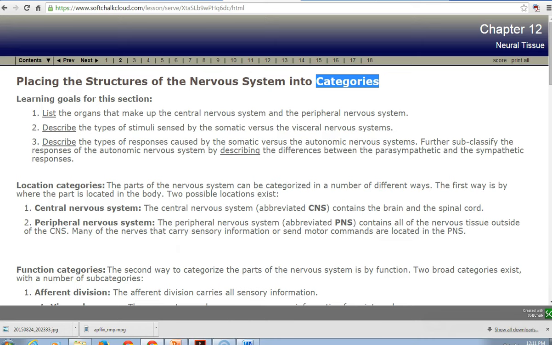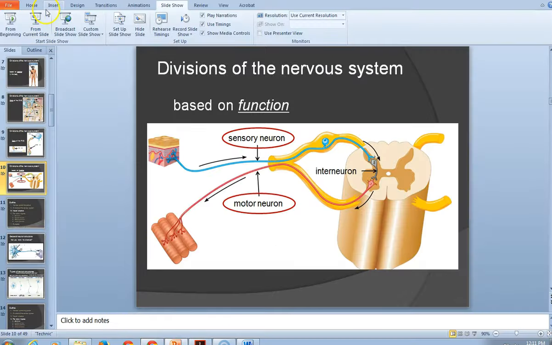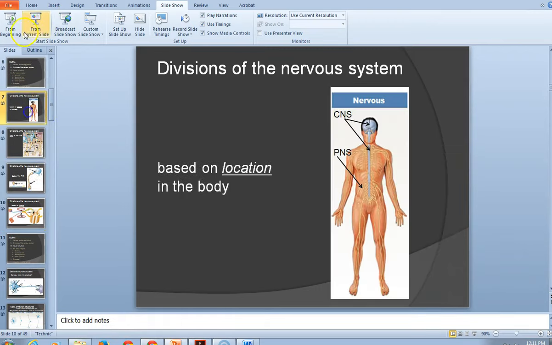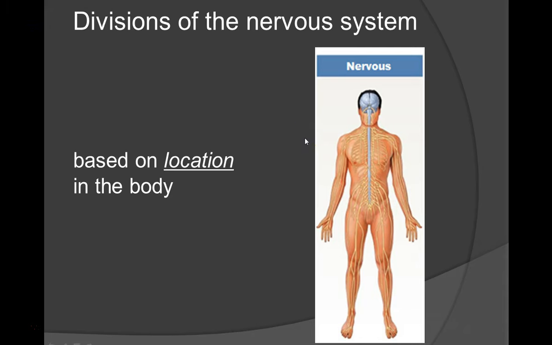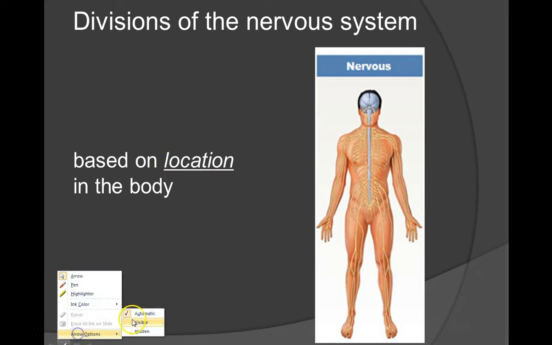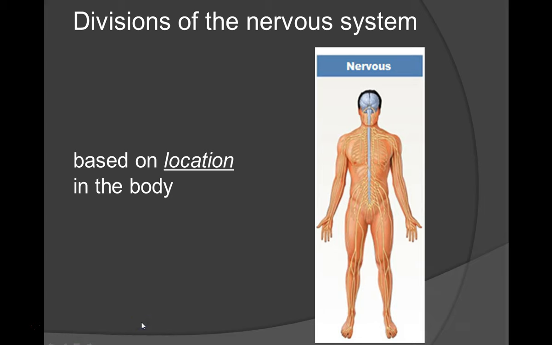Okay, so I'd like to move to a couple of slides here. First I'd like to talk about how we divide up the nervous system, placing it into categories based on the location in the body. The first category that we're going to look at is what's called the CNS, which stands for Central Nervous System.